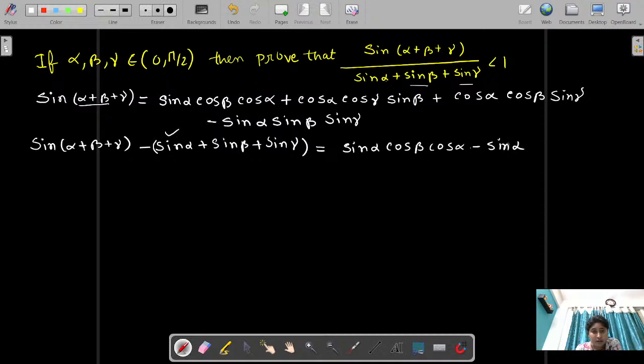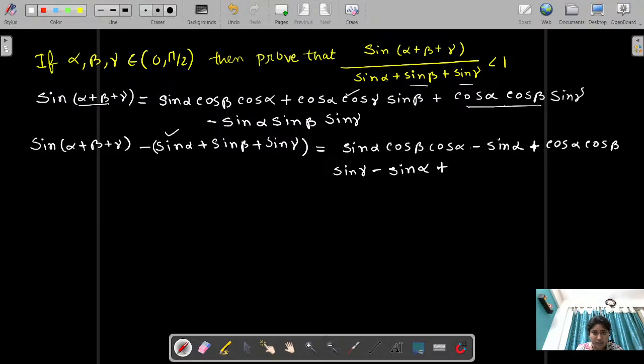So that's why I'm writing here plus cos alpha cos beta sine gamma minus sine gamma. This term I am writing first, no issue. Positive sign is there, so same thing.